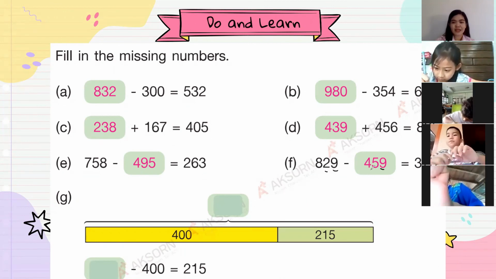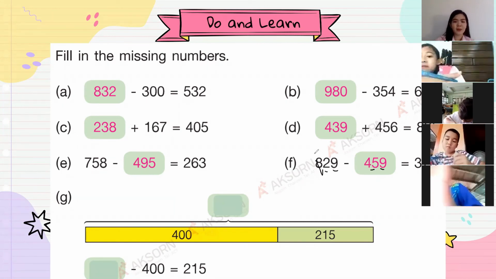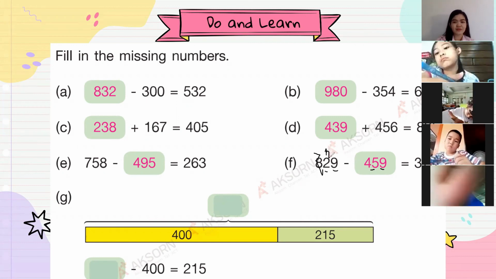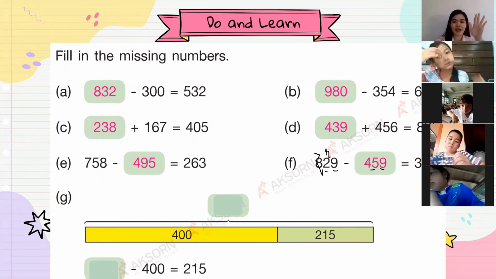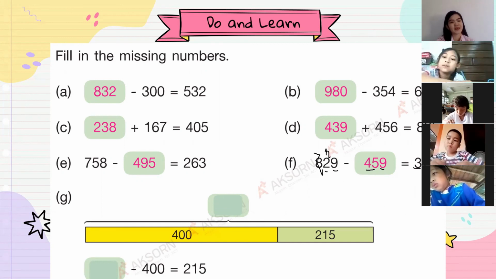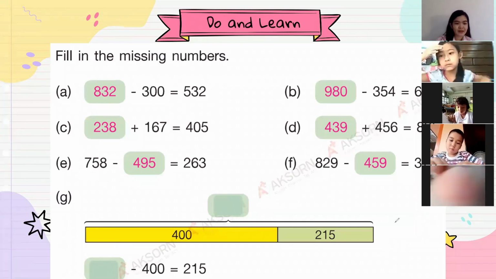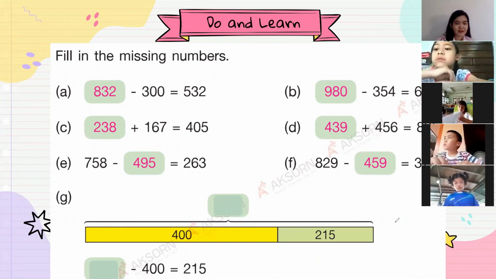And 2 minus 5, we cannot minus 5 from 2, so we're going to borrow. And then this will be 12. So 12 minus 5 is 7. And then 7 minus 4 is 3. So the answer is 370. Okay?